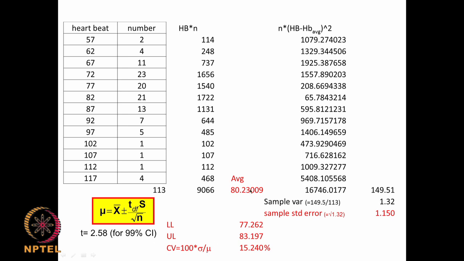The mu is 80.2, and sigma is given here. So, we multiply by sigma divided by 80.2, and that will give you the coefficient of variation.